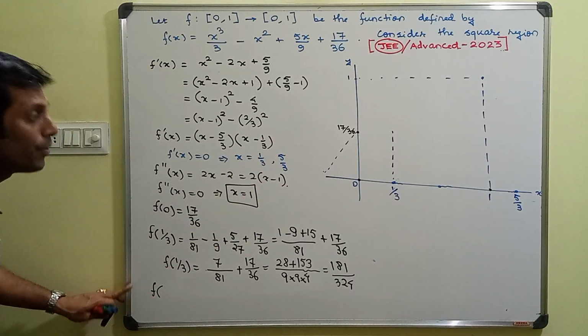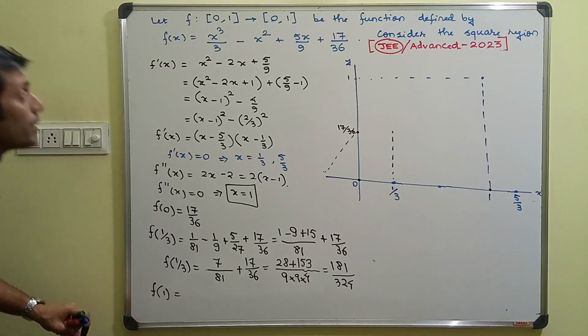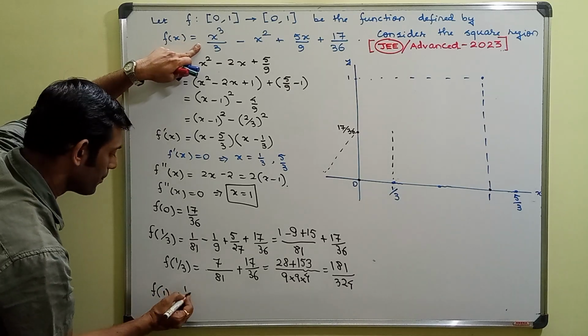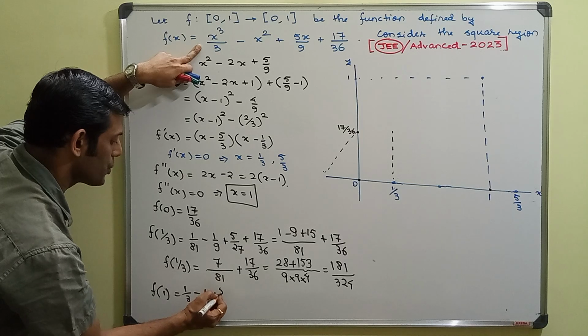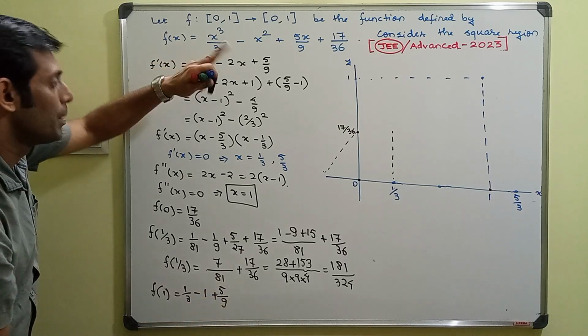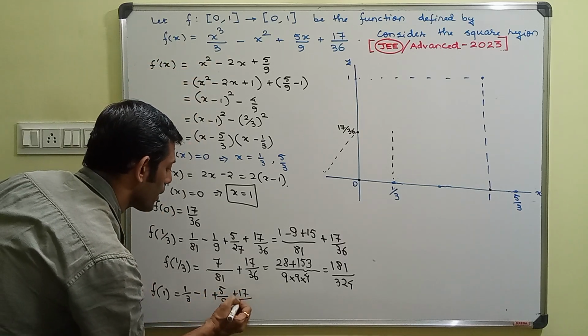And what is the value at f of 1? Now let's consider again: 1 by 3 minus 1 plus 5 by 9 plus 17 by 36.